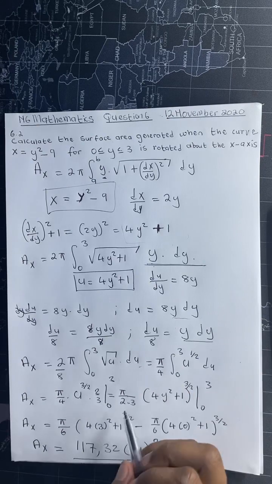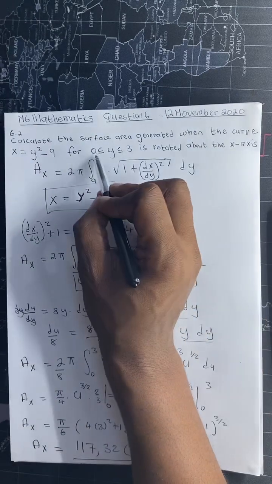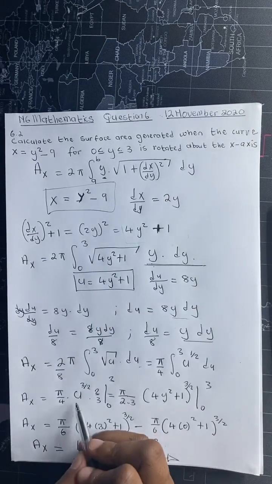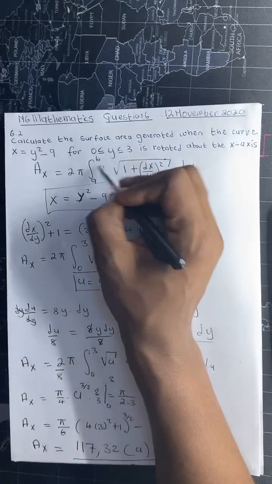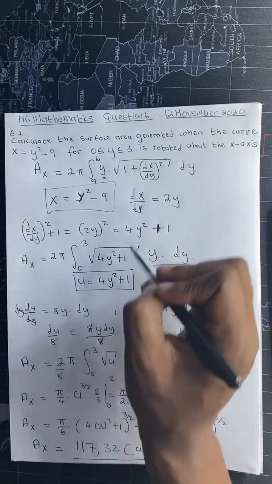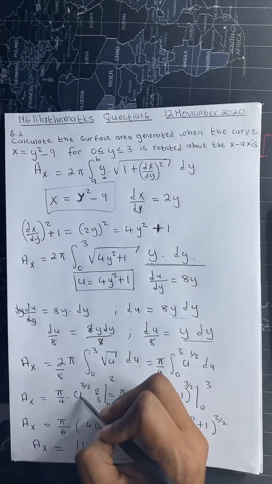So it won't be necessary for you to bring back the 4y squared. But if you want to work with that 0 and 3, you have to bring back the 4y squared in the place of u. But if you don't want to do that, you have to substitute 0 where there is y and 3 where there is y, so that you can get your boundary which corresponds with the u.